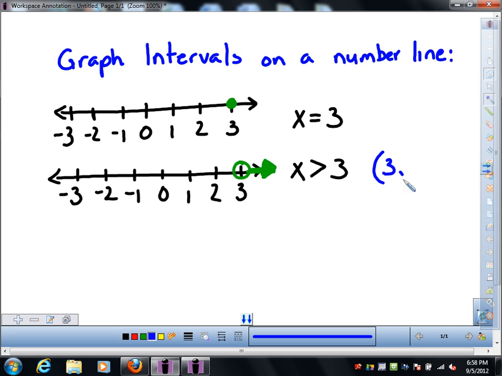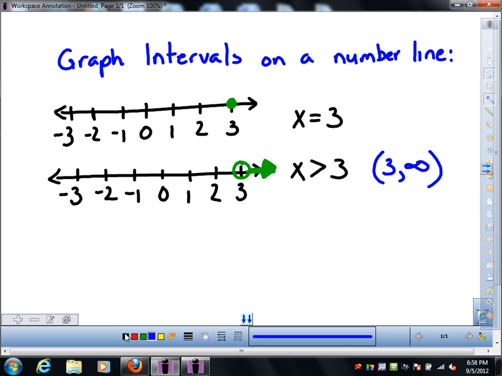Well, in this case, it's going as far as we can take it, to a number that we would call infinity, and we write that with a sideways 8 that represents infinity. This represents the interval from 3 to infinity. This is the graph of that interval, and this is what the inequality looks like.